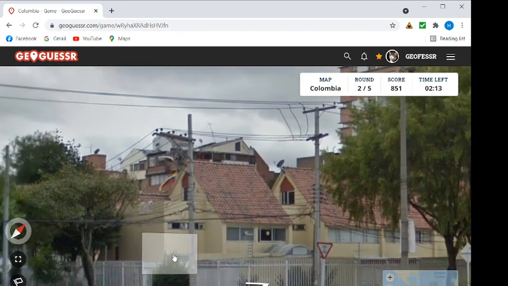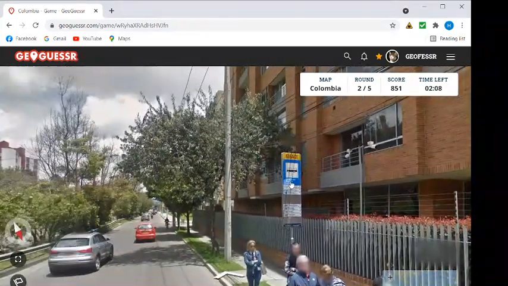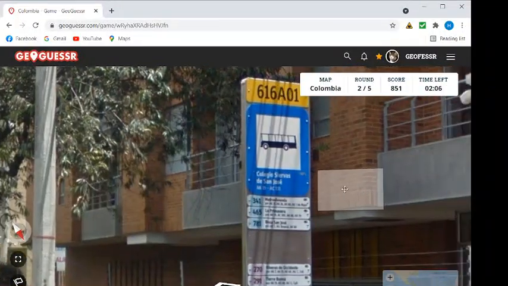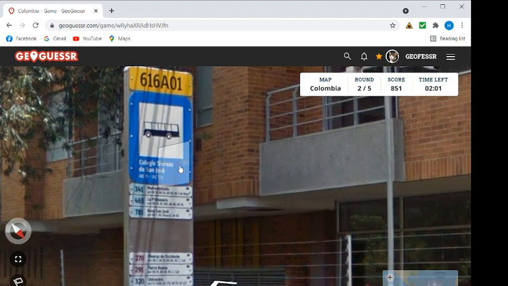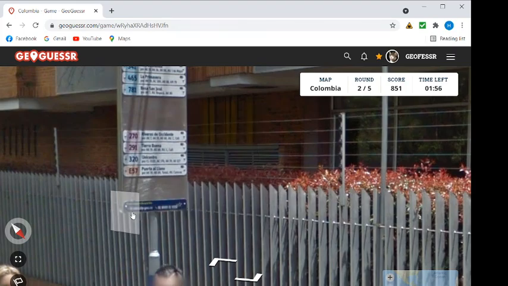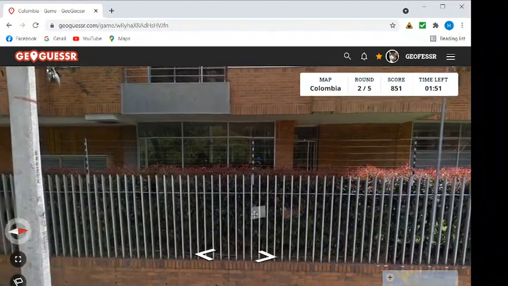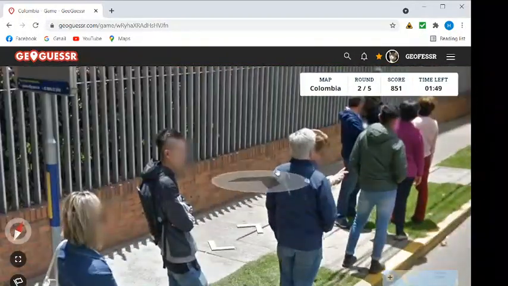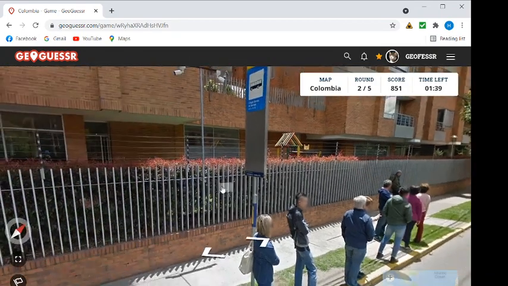There's the flag there. We have Colegio Sierras de San Jose as the bus stop. If we could read that URL, that would be useful. You can see the crowd standing here. This is maybe more European looking than, say, Mexico, but less European looking than Chile.